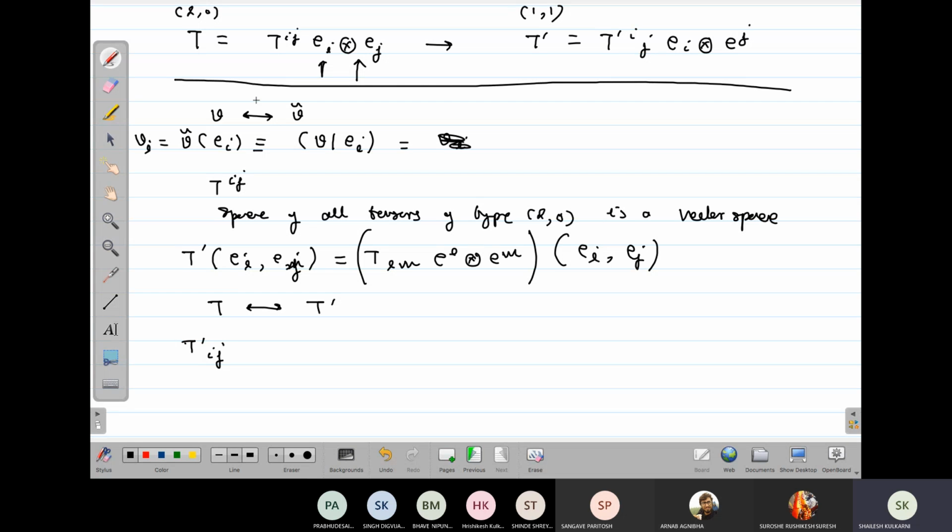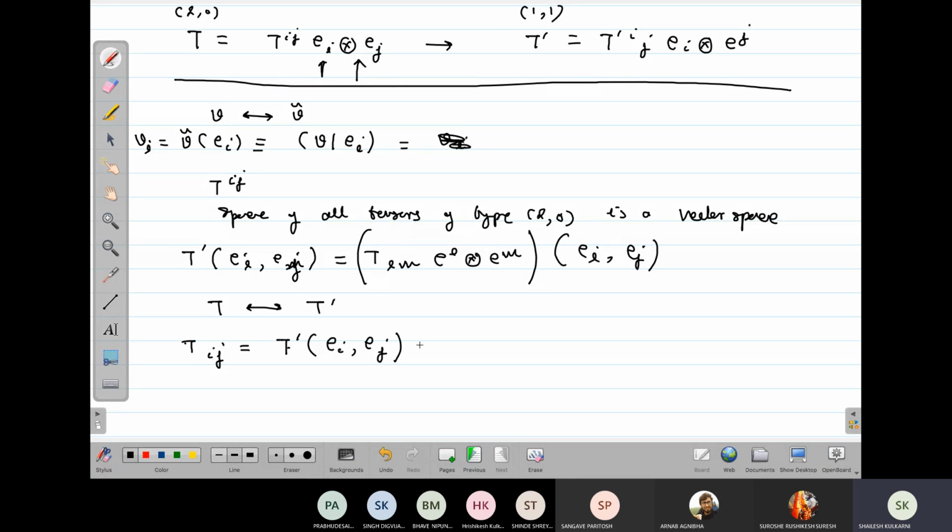Since the contravariant and covariant tensors are distinguished by lower and upper indices, I don't have to write prime here. Okay, this by definition is T prime acting on EI, EJ. Okay, but T prime is this.